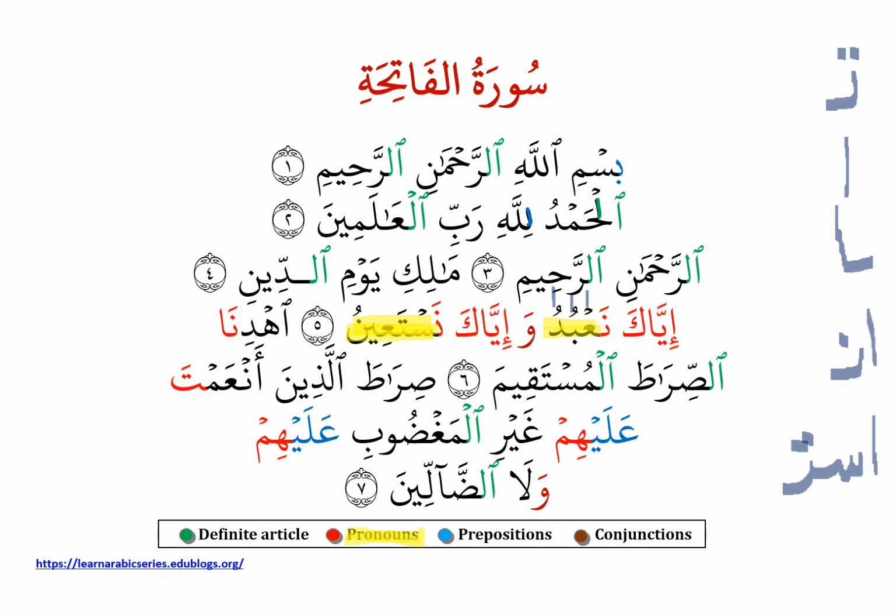So counting the letters of this verb, of course, na is the nahnu, it's we, and then we start counting from the sin, and the ta, the ain, ya, and nun. So these are here five letters for this verb. So where are the extra letters?